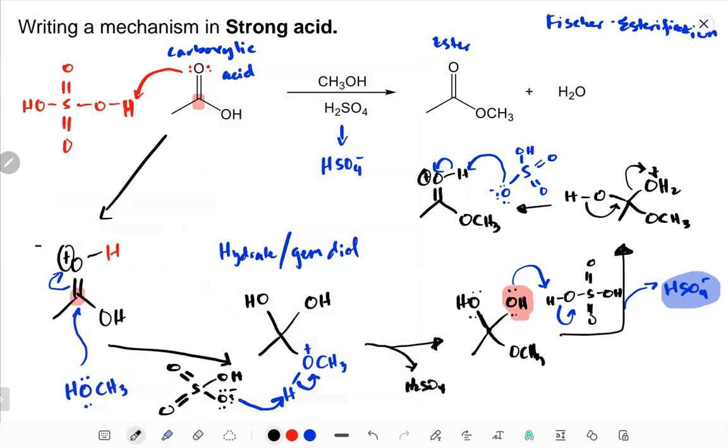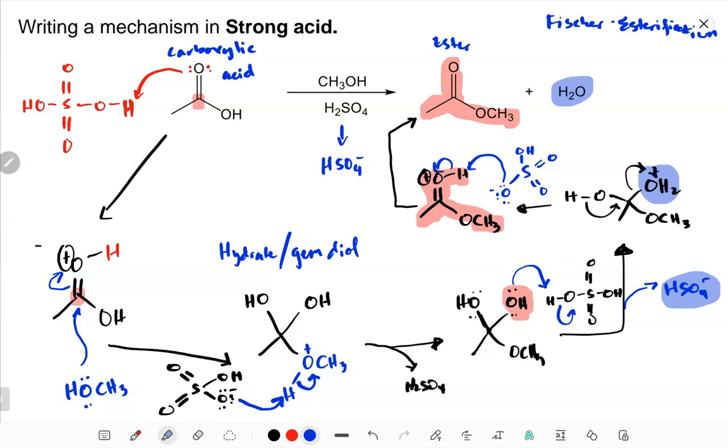Afterwards, you'll end up getting this product, this ester product, methyl ester, methyl acetate here, and water. This methyl acetate comes from this species here, and this water comes from this one.